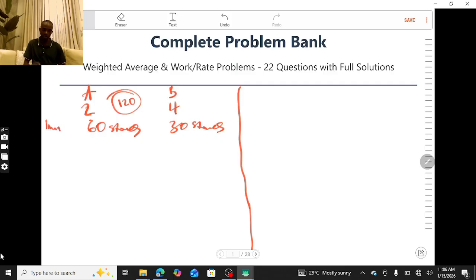So in 10 seconds, you pick 10 and I pick only 5. Then another 10 seconds: you pick 10 and I pick 5, that is 15 again. 15 plus 90 is 105, so it's remaining 15 to complete.